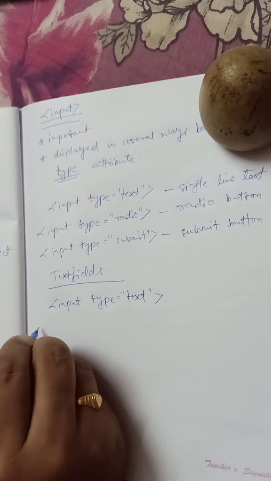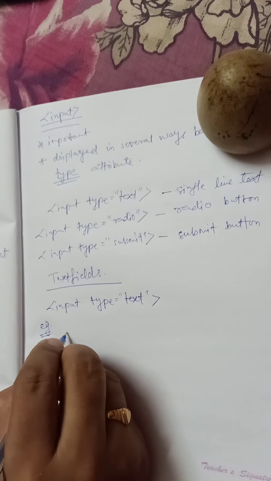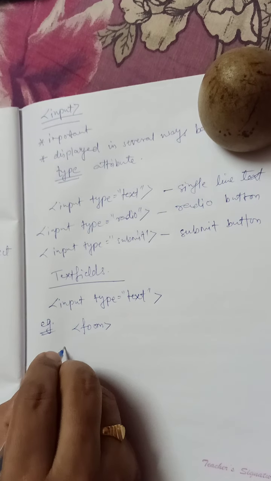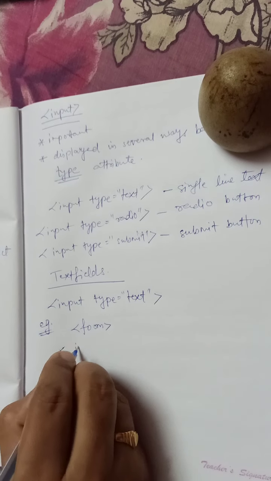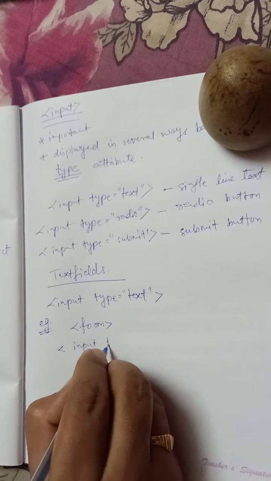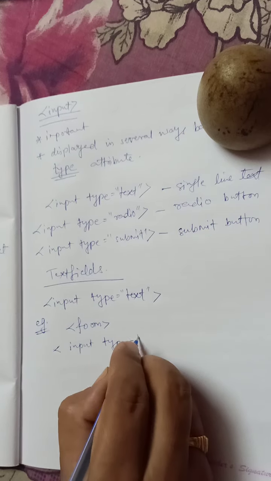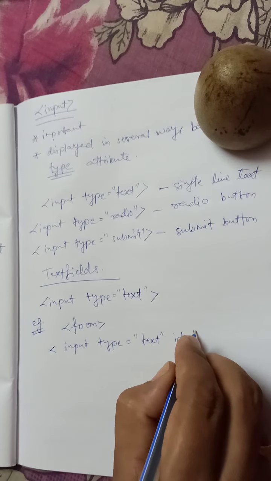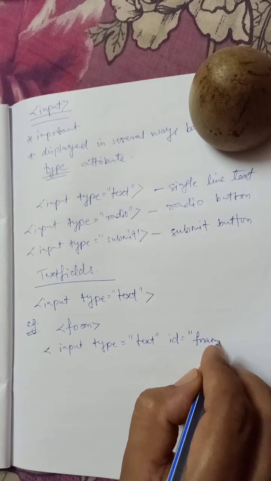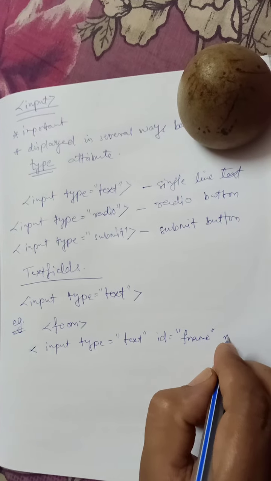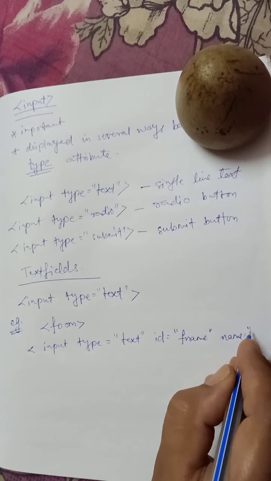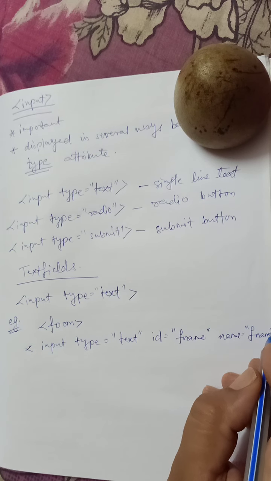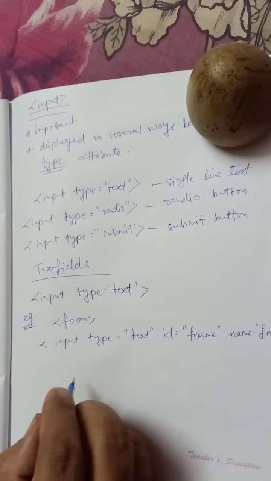Okay, example, if I am writing form, then within it, if I am writing input type equal to text, id is suppose fname, name is fname, we end it.